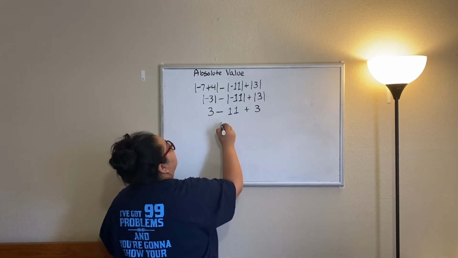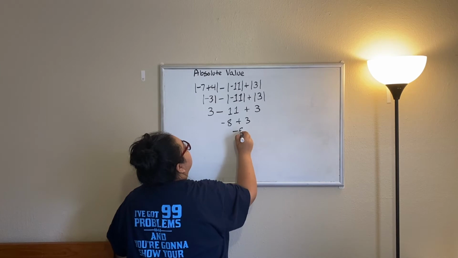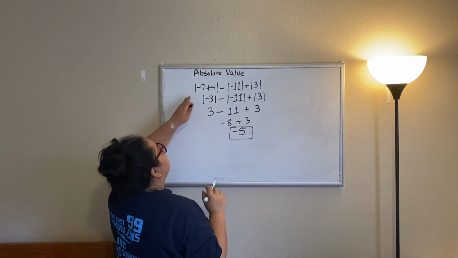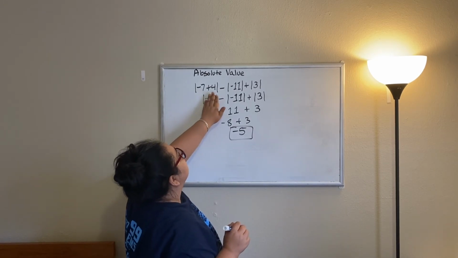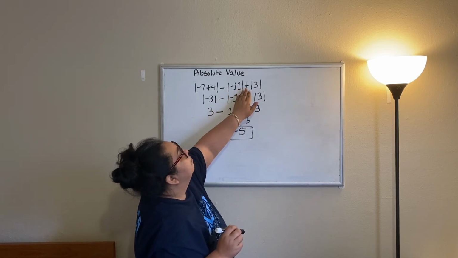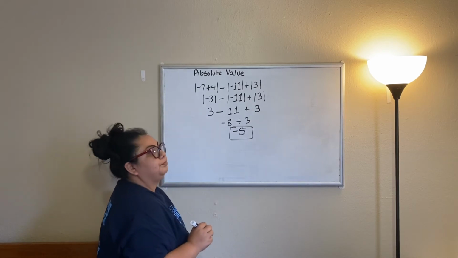So 3 minus 11 is -8. Plus 3, -8 plus 3 is -5. So there's our solution. The absolute value of -7 plus 4 minus the absolute value of -11 plus the absolute value of 3 is equal to -5.